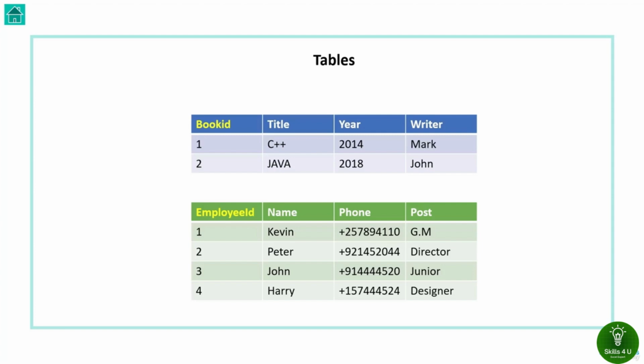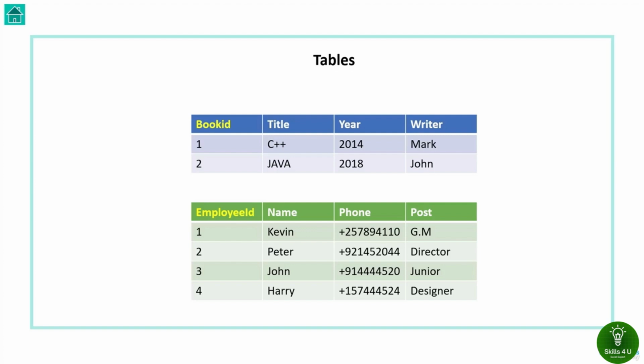Hopefully, we will also study normalization, which is the process through which rules are defined on how to design a database. As you can see on the screen, the data in the columns relates to the name of the column. For instance, on our first table relating to books, one column is the writer one.